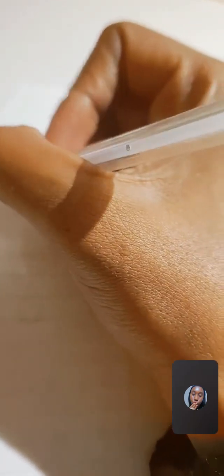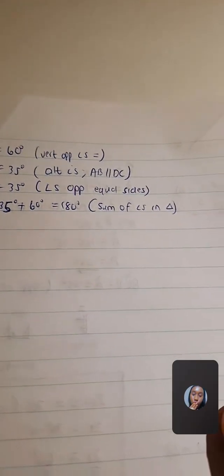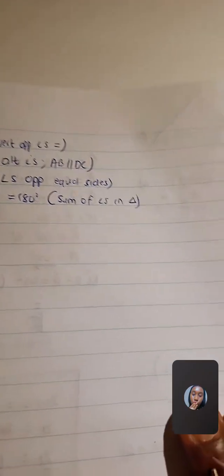I just want us to see D plus 35 degrees, which is C, plus 60 degrees is equal to 180 degrees. The reason is sum of angles in a triangle. Then we solve for D.